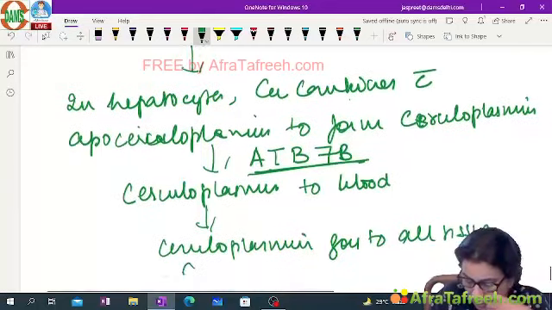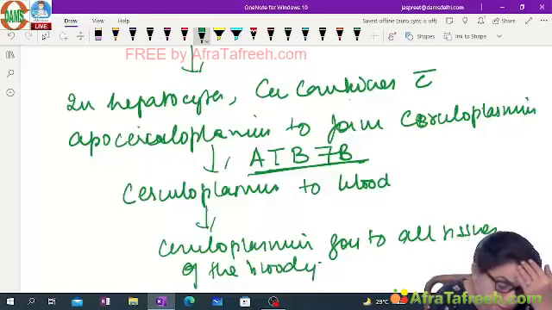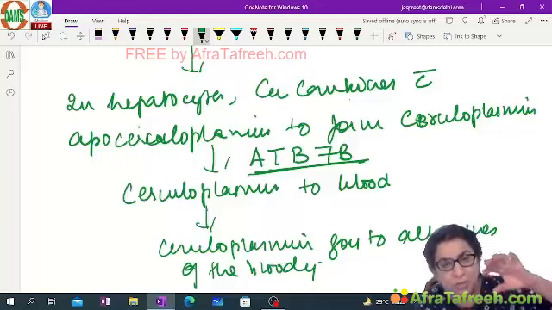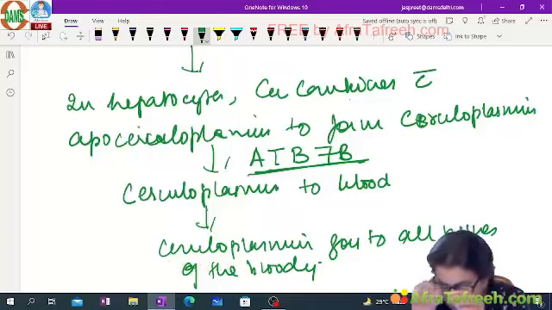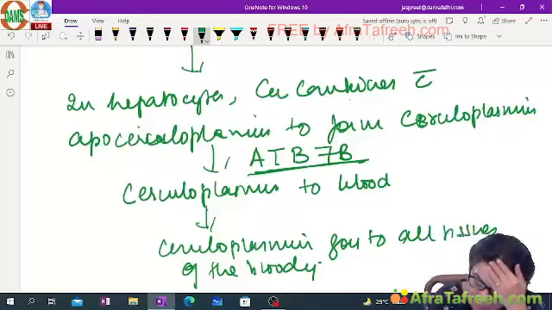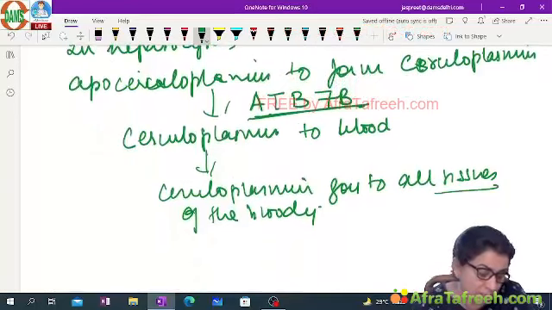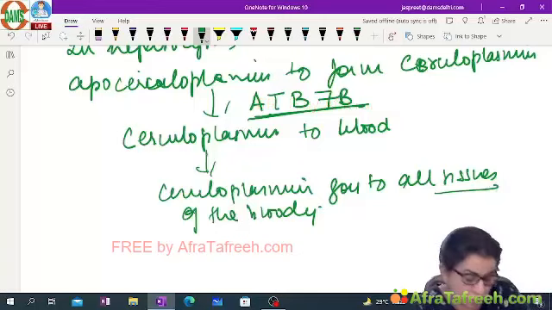Very important is the protein ATP7B. In the liver, inside the hepatocyte, copper combines with apoceruloplasmin to form ceruloplasmin, and then ATP7B transports it into the blood. Ceruloplasmin binds copper and takes it to all the tissues of the body.